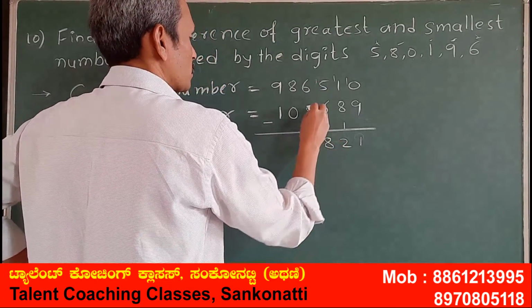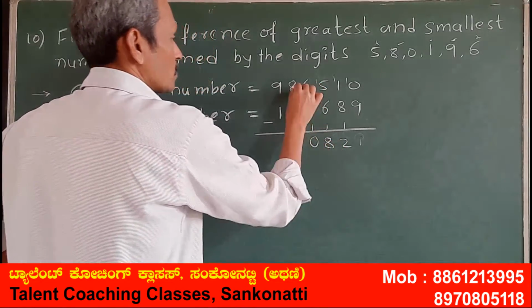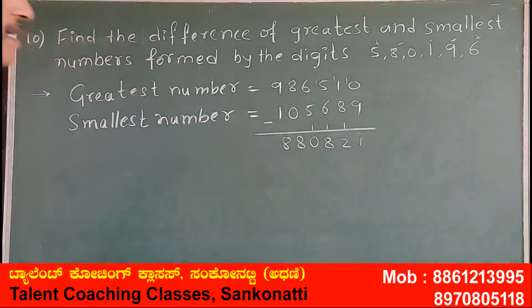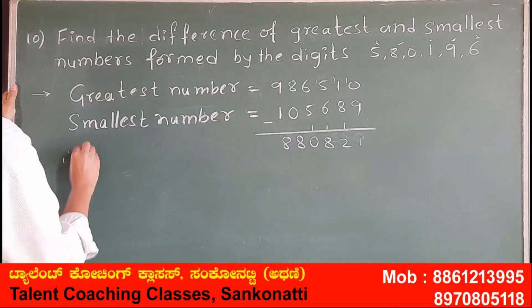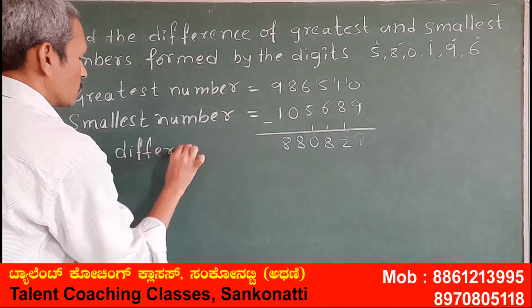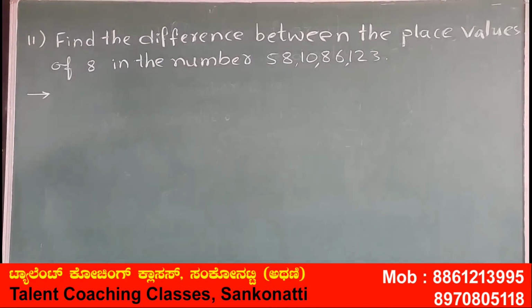This one given back, this is 6, 6 minus 6 is 0. This is 8, this one is 8. That is 880821. That is the difference of the greatest and smallest numbers. Therefore, the difference is this much.